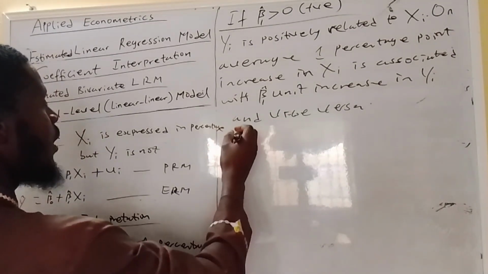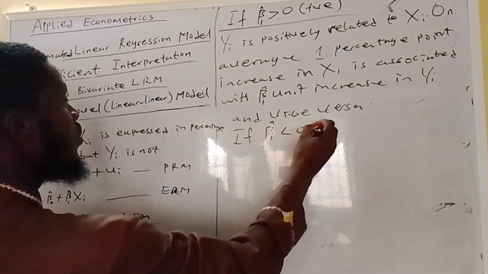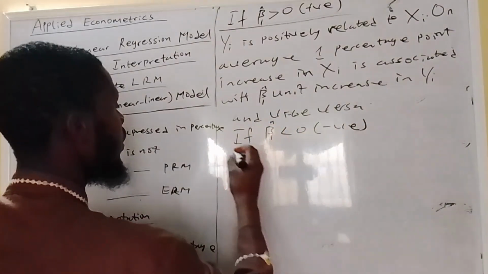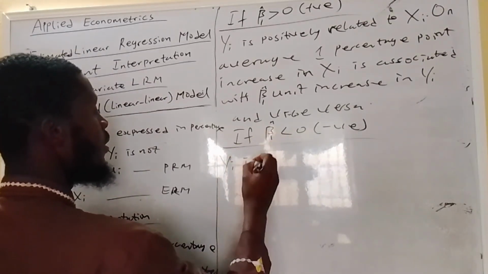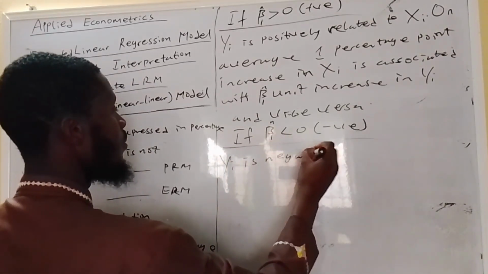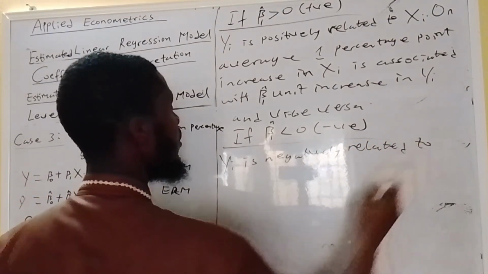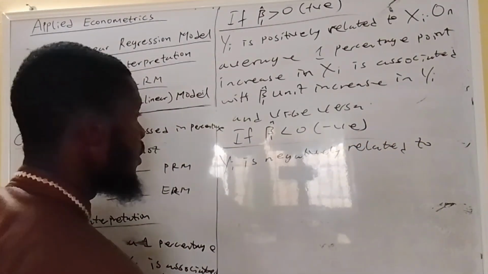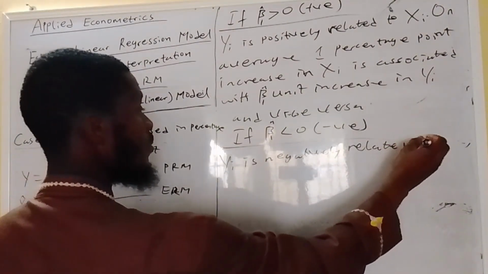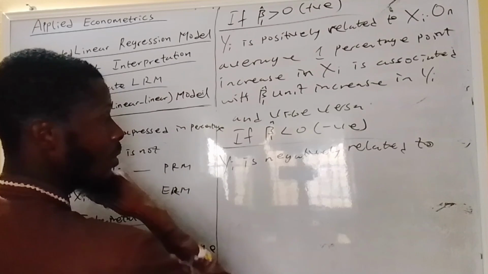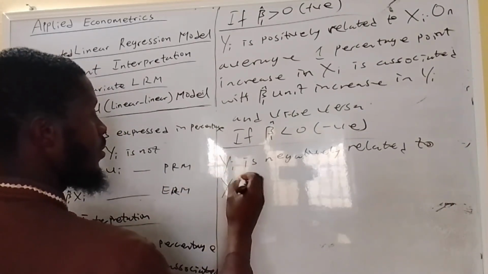Let's also look at the case where our beta 1 hat is less than 0. That's where it is negative. How do we interpret that? So the interpretation is going to be y is negatively related to x.